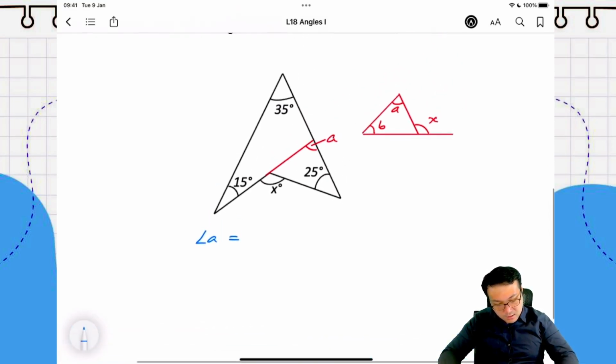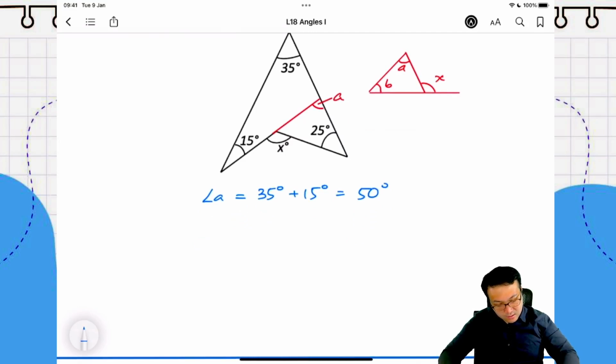Angle A is an exterior angle also. So angle A equals the sum of 35 and 15. Very good. Then you got 50 already, right? So after finding angle A, then angle X.